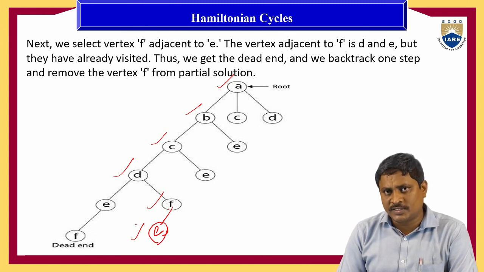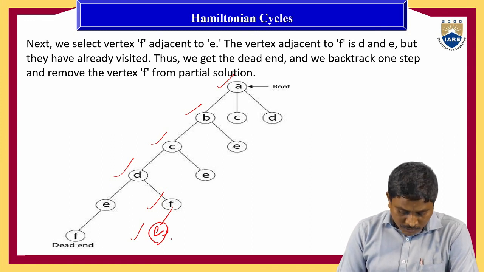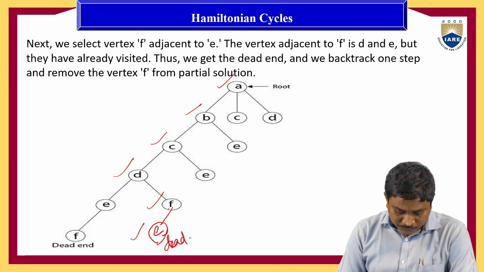So each and every vertex is visited once. But E to A there is no direct path. So it also forms a dead end.